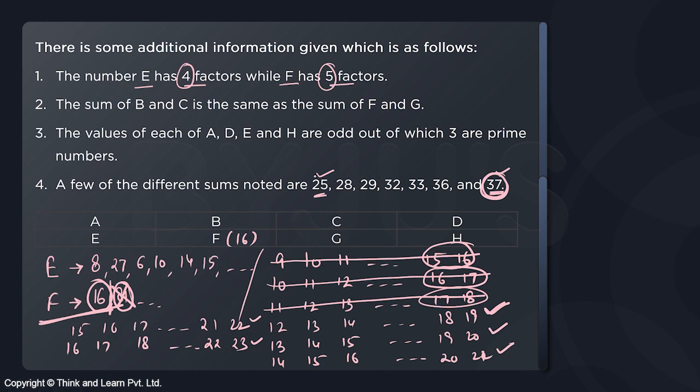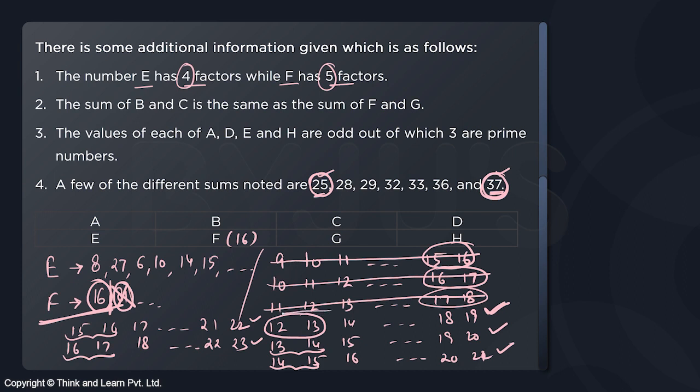The next question, what all cases can give me a 25? Here I can get a 25 by 12 plus 13, but in all the other cases, the minimum possible sum is more than 25. It is 27, it is 29, it is 31, it is 33. So in no other case am I able to get a sum of 25.